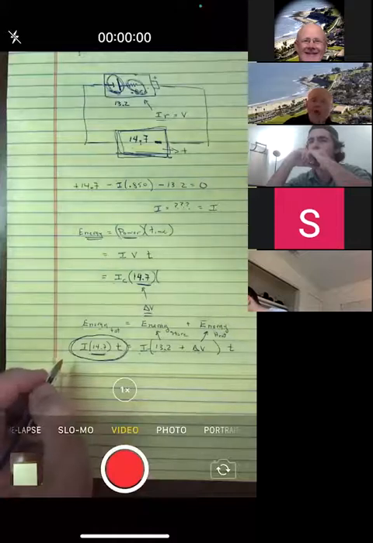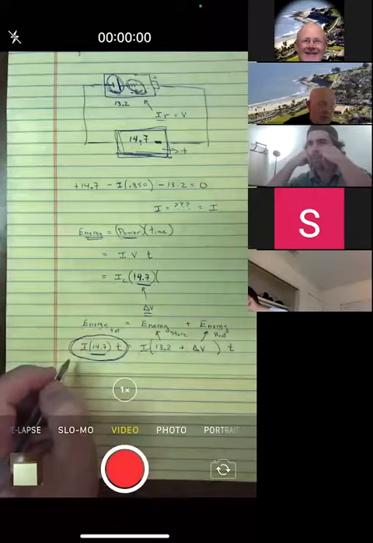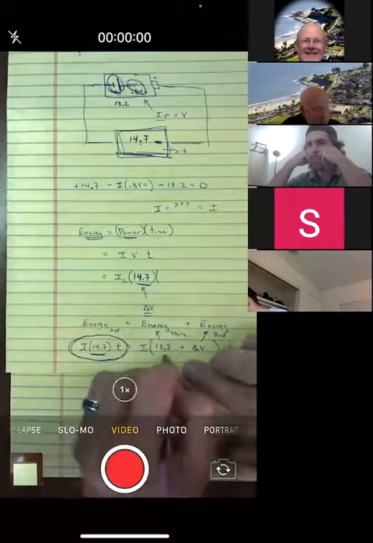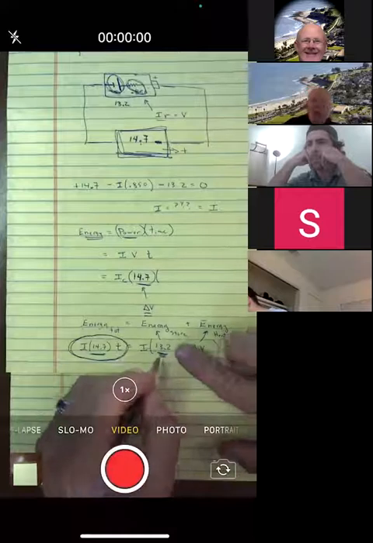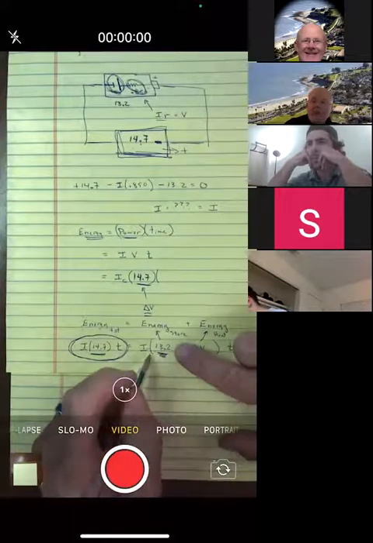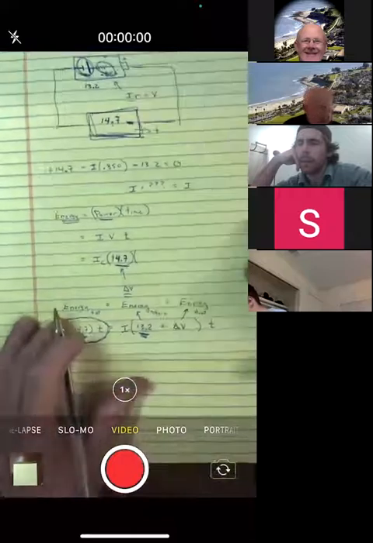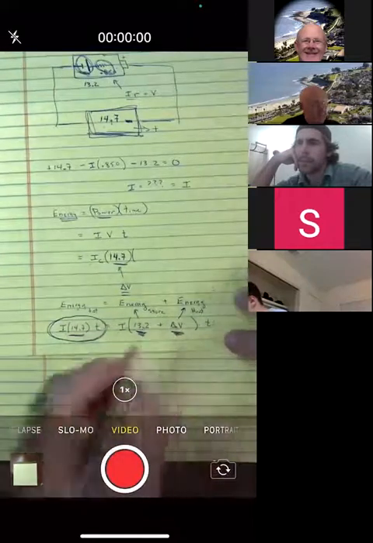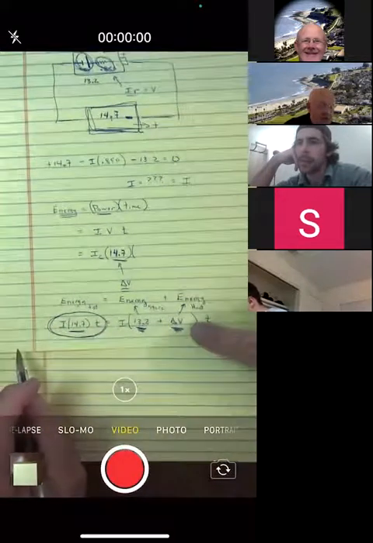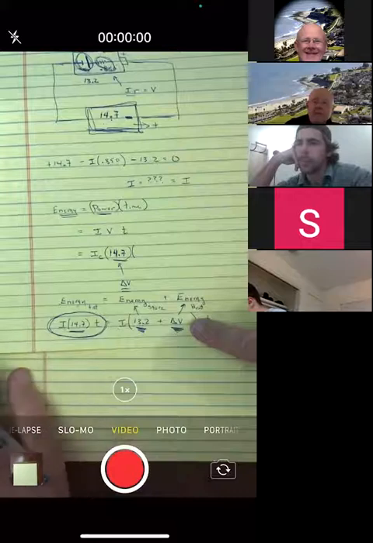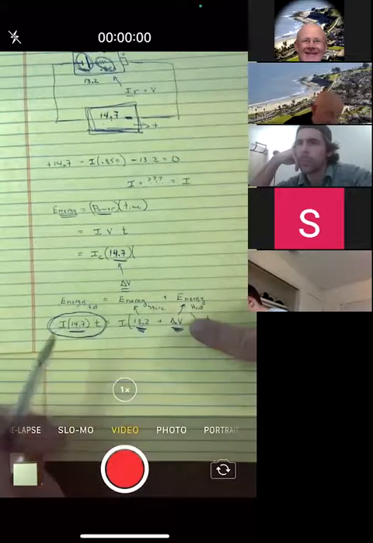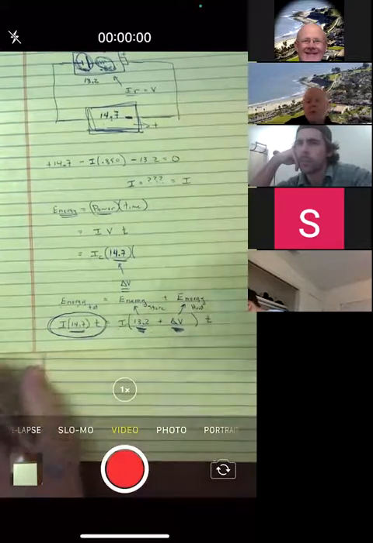If you want to know how much goes into storage, because you're charging up this battery, you would do the voltage of the charging battery. And if you want to know how much goes into heat, you would do the voltage on the internal resistor, which would be the difference between those two.